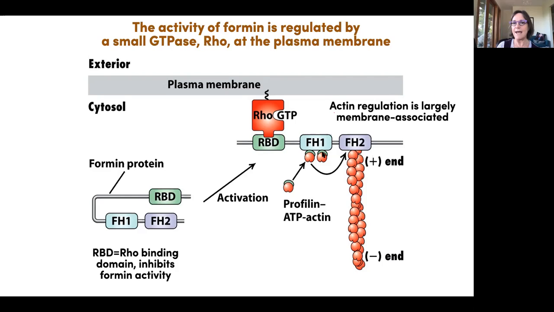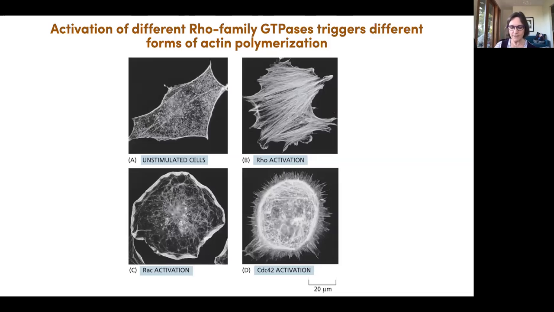It promotes actin's release of ADP and binding to ATP, and thereby promotes its incorporation into filaments. And it's also what is recruited by this FH1 domain to deliver actin to the growing end of filaments. Okay, so there are different ways that actin can polymerize, and there are different G proteins in cells that have different effects on actin polymerization when they are triggered.